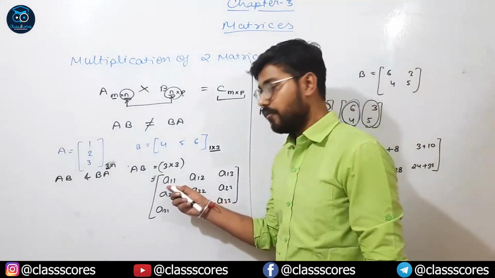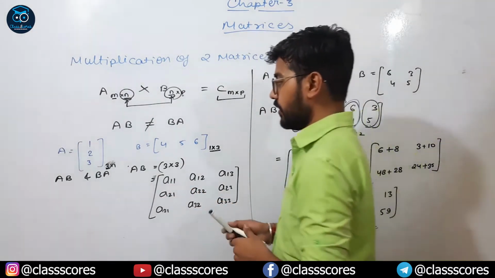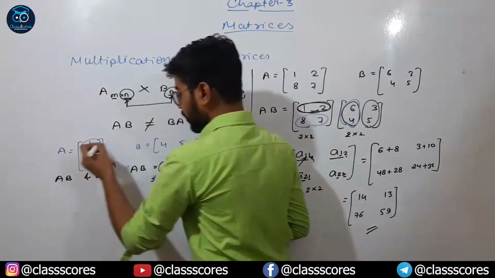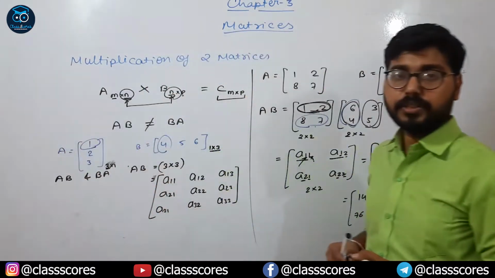Okay, A11, first row with first column. Here it is the first row and here it is the first column.